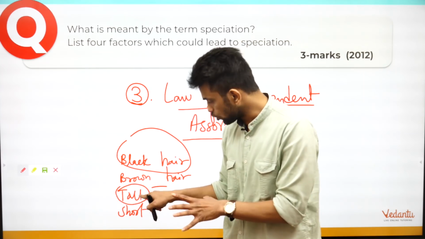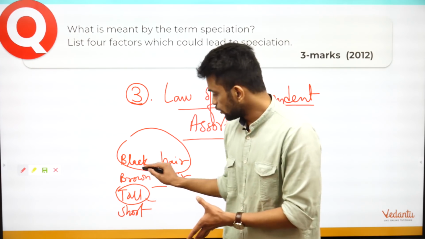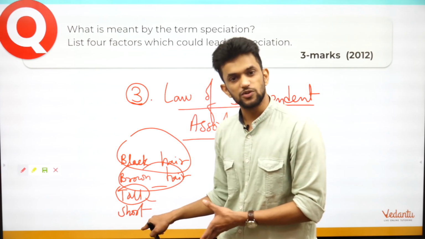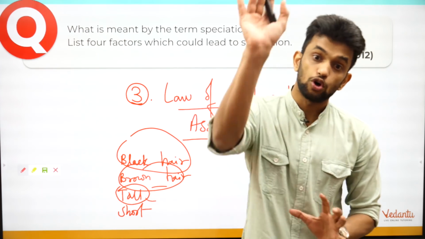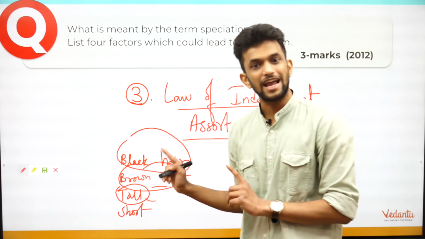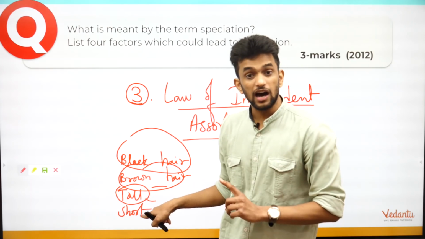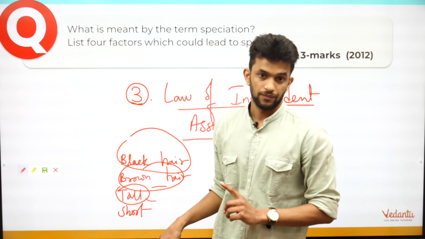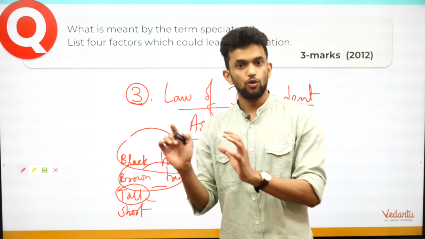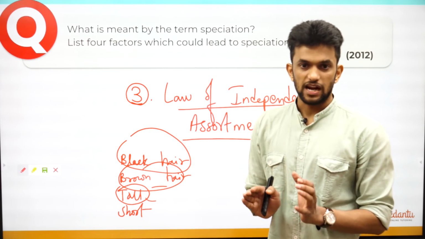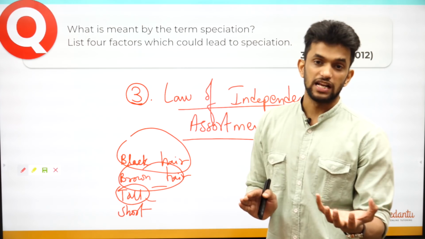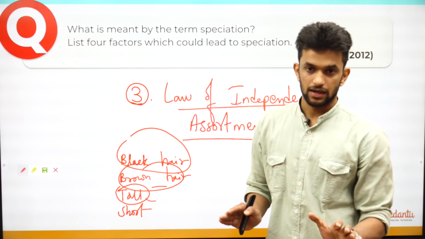No, if black hair, then tall is possible, short is possible. If brown hair, then tall is possible, short is possible. Any combination is possible. There is nothing fixed that black hair will mean tall only. Are you able to understand? One character is independent of the other character. This is the whole thing about independent assortment. So transfer of one character is independent of transfer of other character.